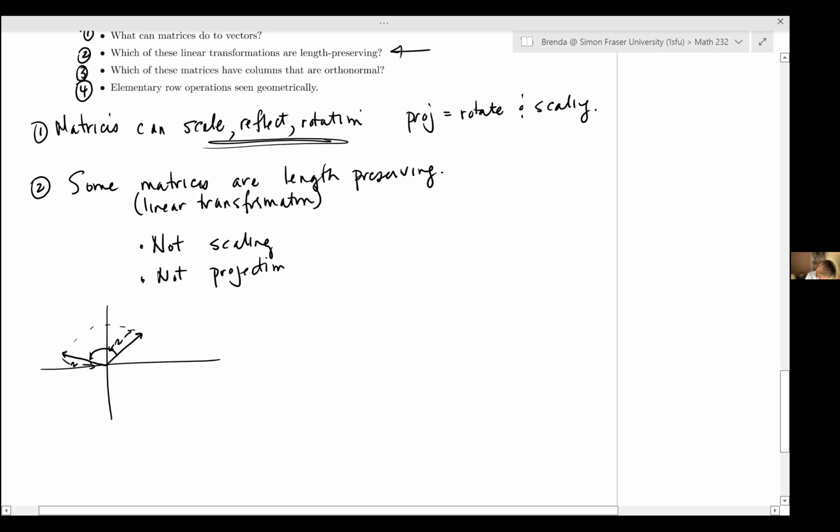So rotation preserves length. And similarly with reflection, which is fairly obvious. You reflect it across the x-axis, and it comes down there like that, and it doesn't change, like the size of your nose stays the same when you look in the mirror. So reflection and rotating do not change the length.